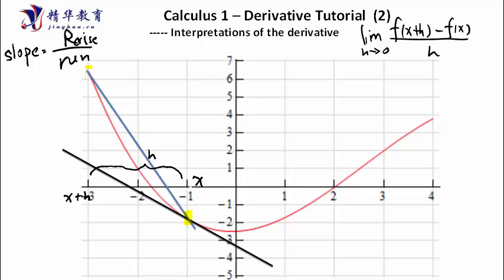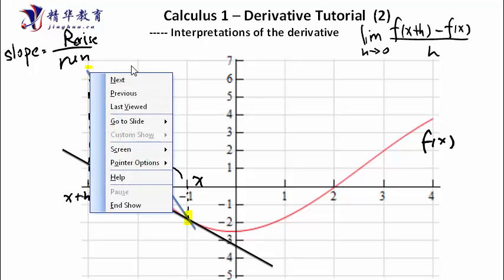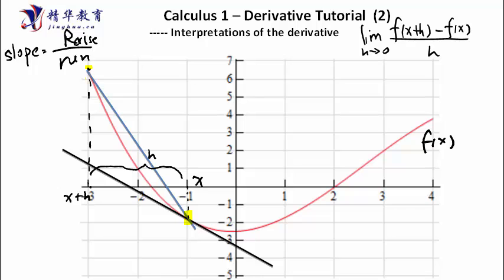That is the x value. At this point, the x value is x. At this point, the x value is x plus h. What's the y value? We know this function is f(x), so at this point the y value is supposed to be equal to f(x plus h).